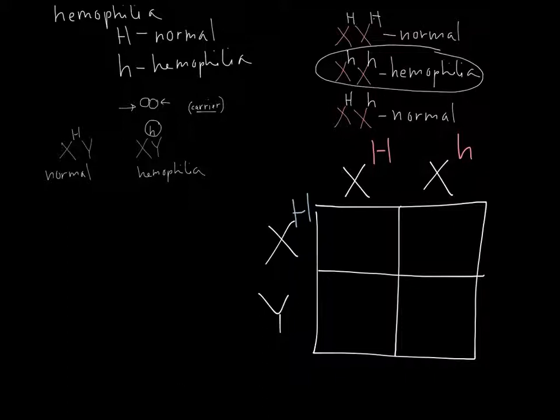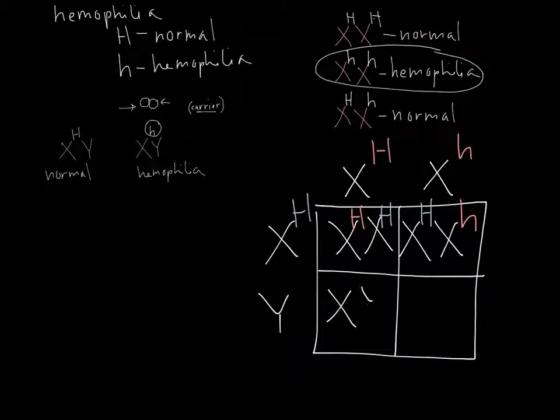Let's cross in again. Notice I always write the big H's first. It's just kind of a rule of thumb and a habit you should get into. And notice again I'm not writing anything on the Y's because it's X-linked.